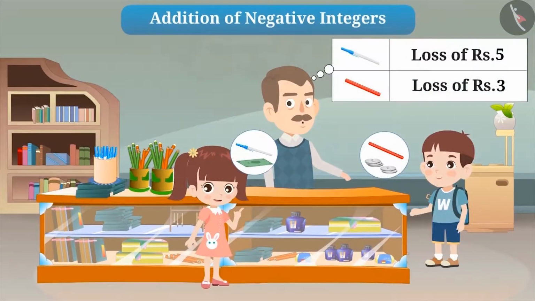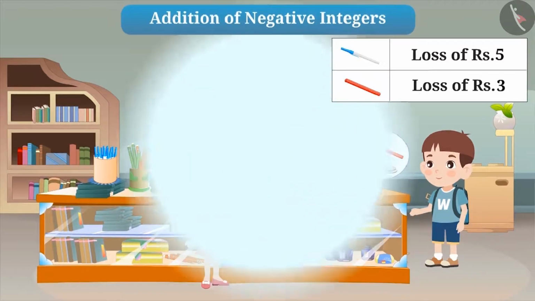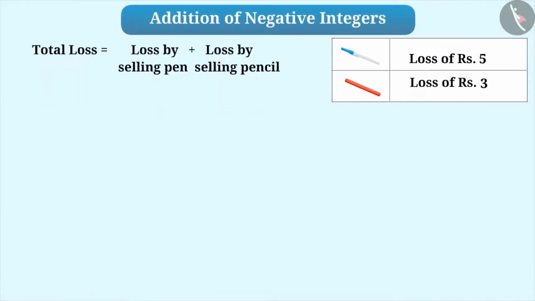Let's understand how addition of negative integers is done. Let us suppose a shopkeeper faces a loss of rupees 5 by selling a pen and a loss of rupees 3 by selling a pencil. If we have to find the total loss, then we have to add their individual losses.